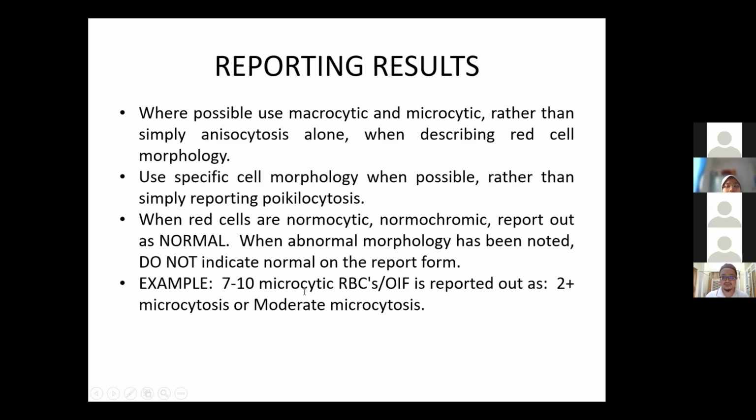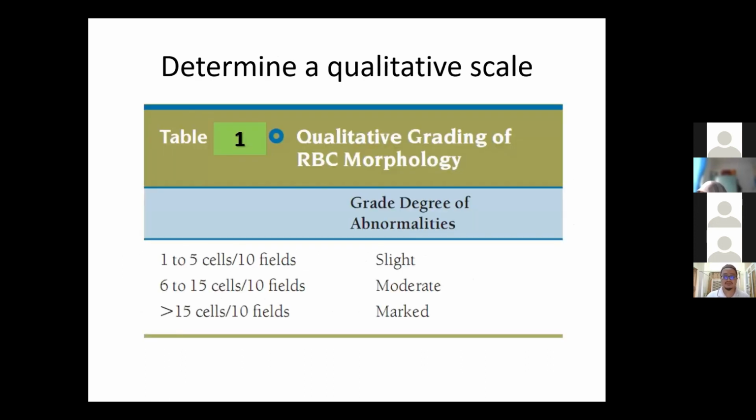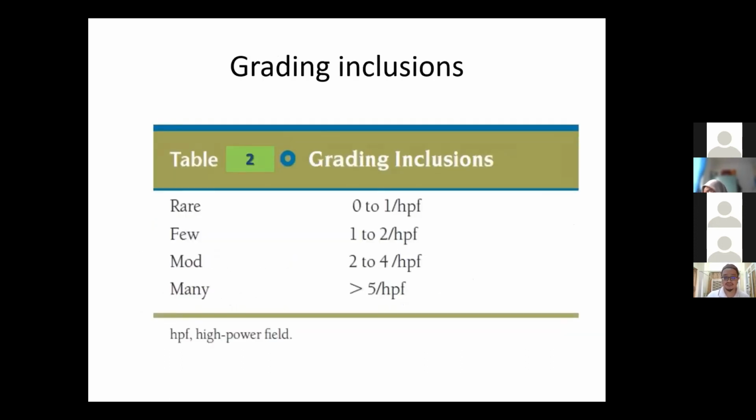When there are 7 to 10 microcytic RBCs per oil immersion field, we write 2 plus microcytosis, which is the grade. If we don't want to write 2 plus, then we say moderate microcytosis. So we have already discussed this.